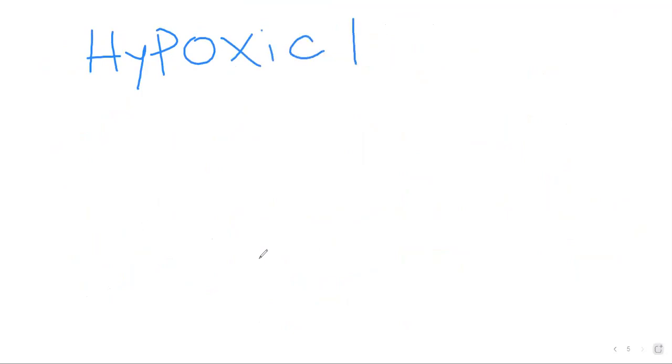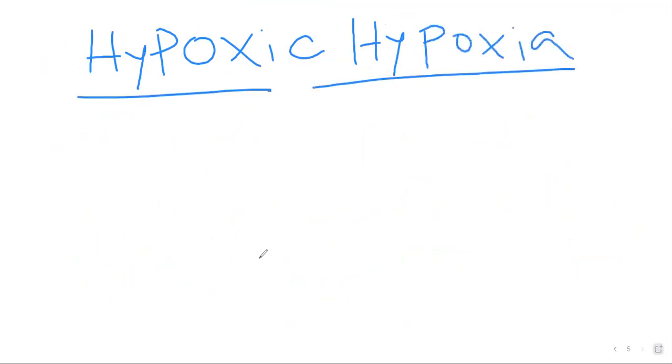Now here one thing you have to understand, that hypoxia is of two types. Here hypoxia means hypoxic hypoxia, the hypobaric hypoxia, not the anemic hypoxia. Hypoxic hypoxia is the stimulating agent which stimulates the glomus type 1 cell, not anemic hypoxia. That means if your hemoglobin is reduced from 15 gram per dl to 10 gram per dl, and you think that your peripheral chemoreceptors will be stimulated, no, that does not occur.